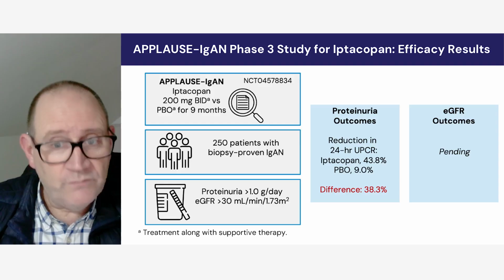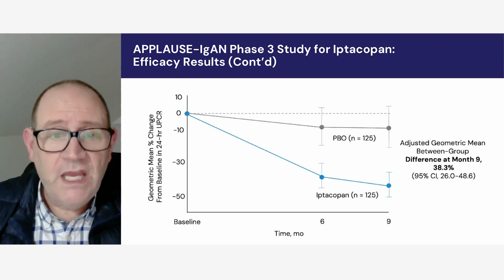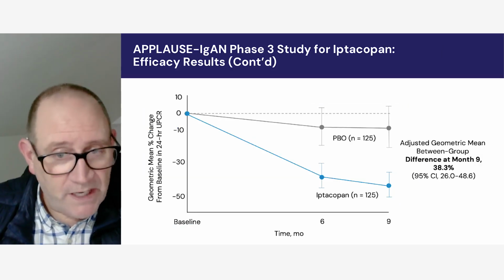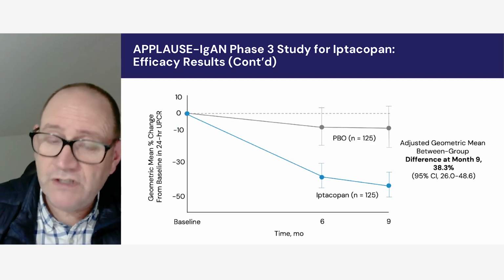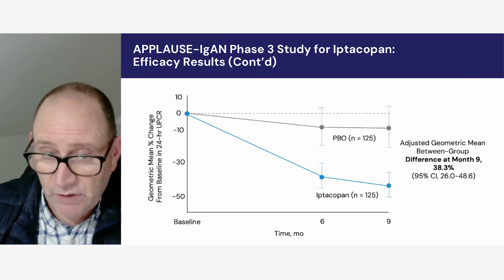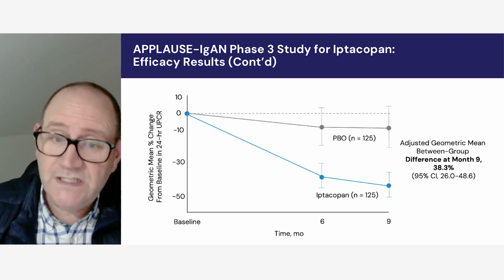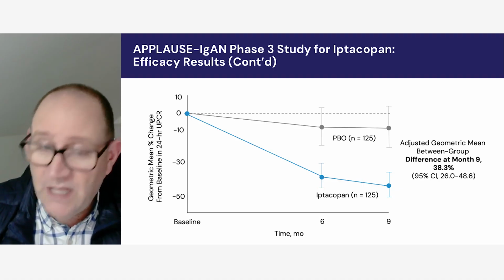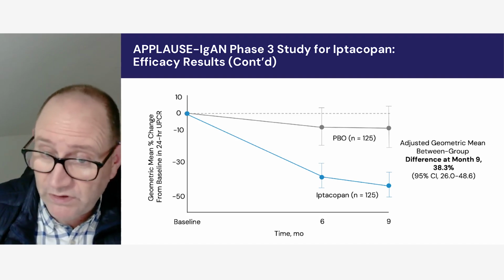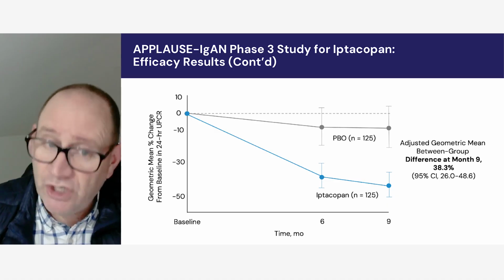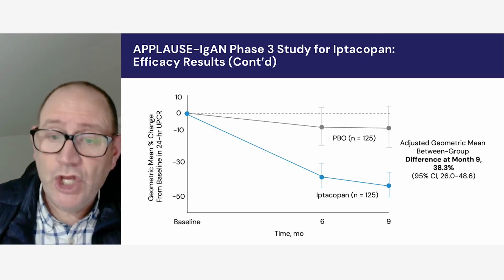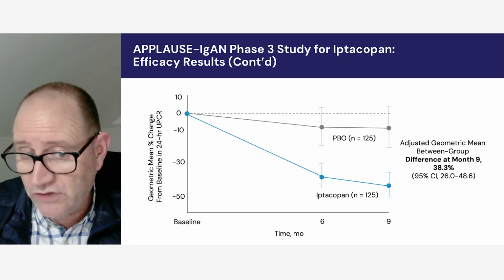And what we saw, as you can see here, is that treatment with iptacopan at 9 months led to a 38.3% relative reduction in proteinuria compared to placebo. We're still waiting to see the eGFR data, but that is going to be available at some point this year. And that will really show us how this reduction in proteinuria translates to longer-term kidney function protection.